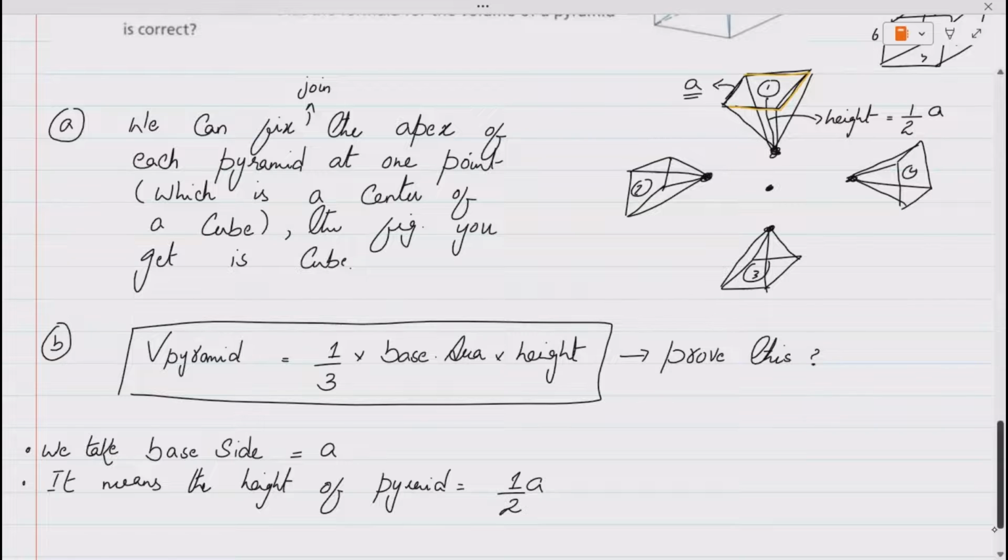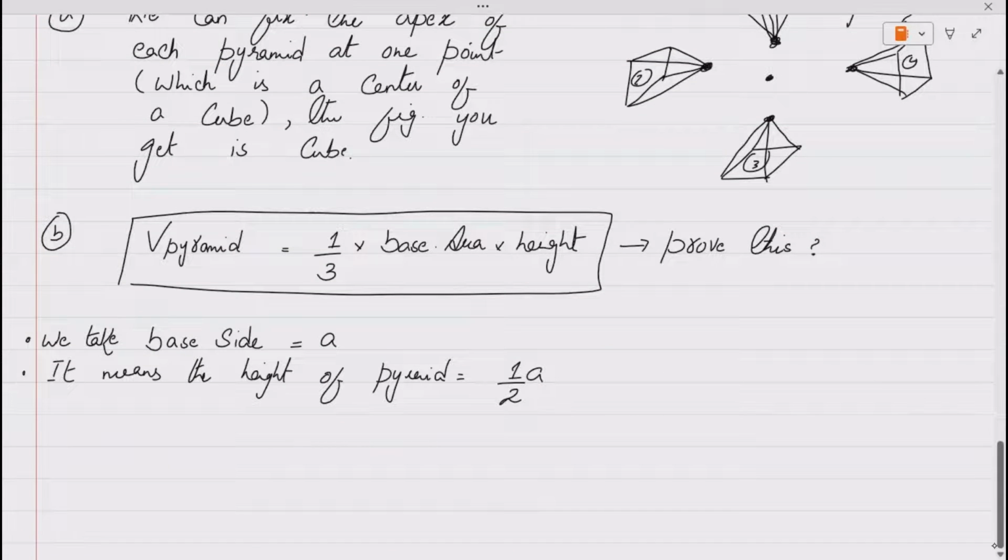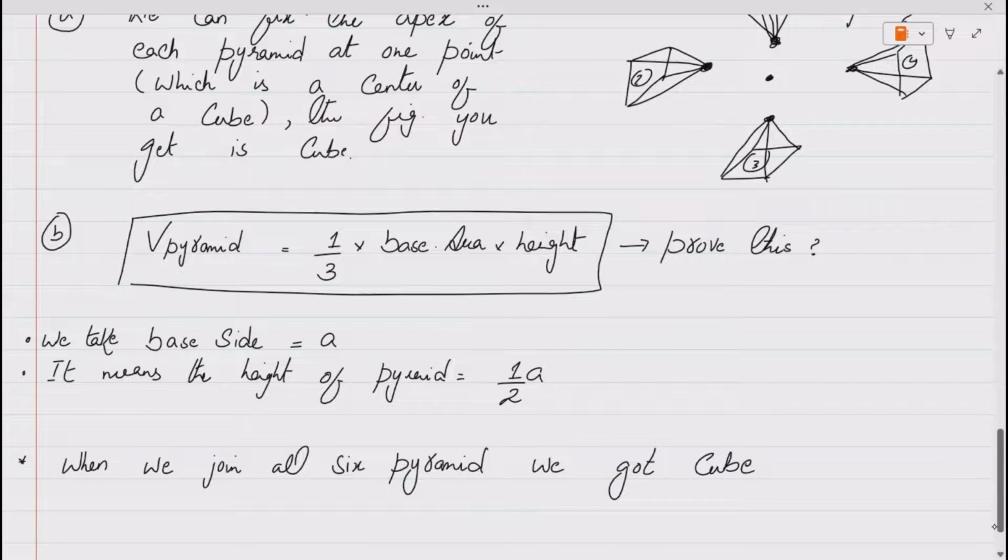Okay. Now we know that when we join all six pyramids, we get a cube. So what is the volume of a cube?